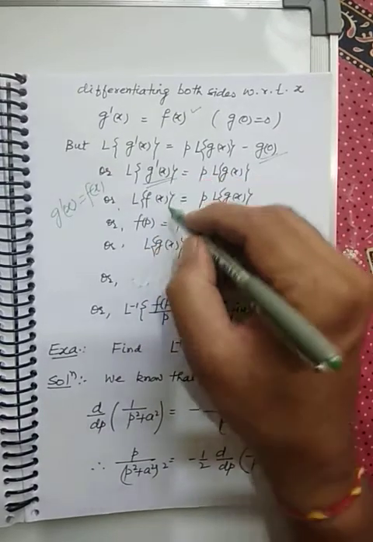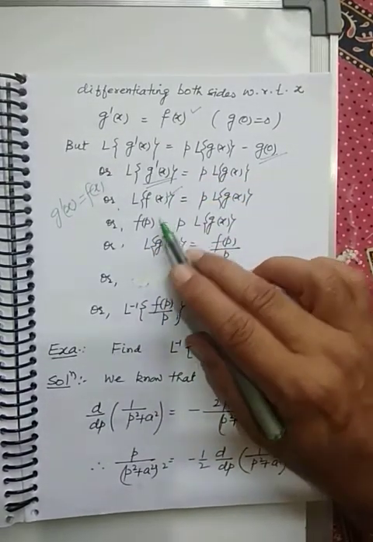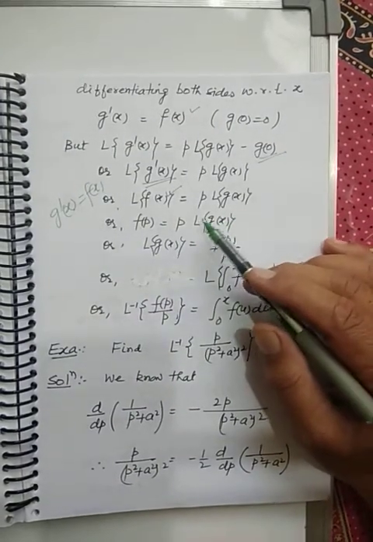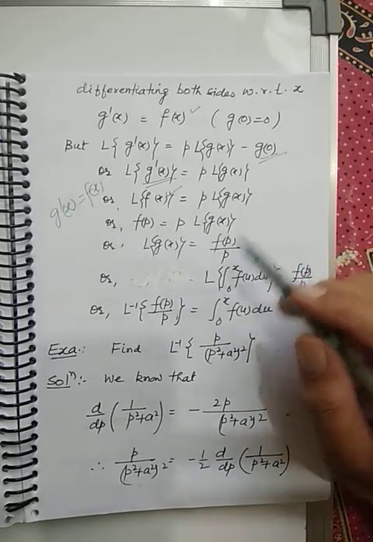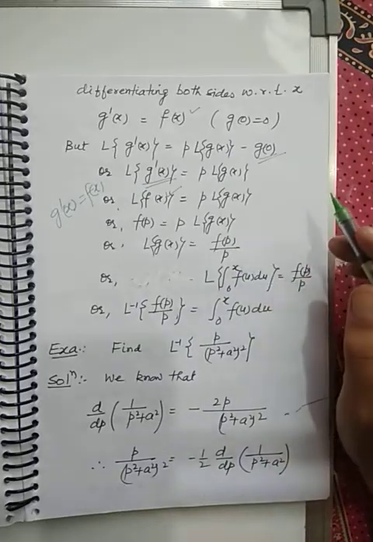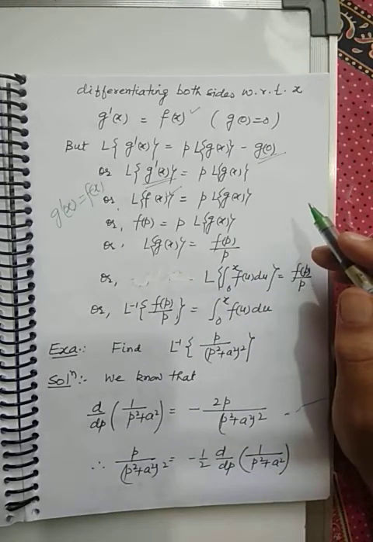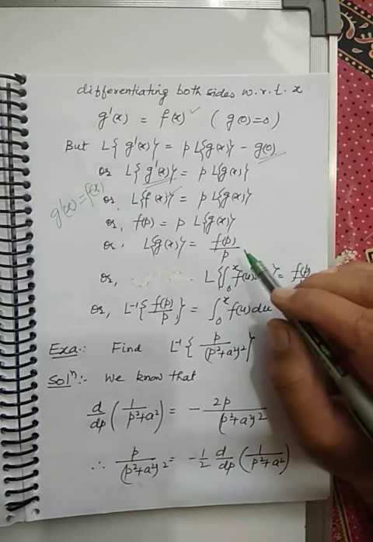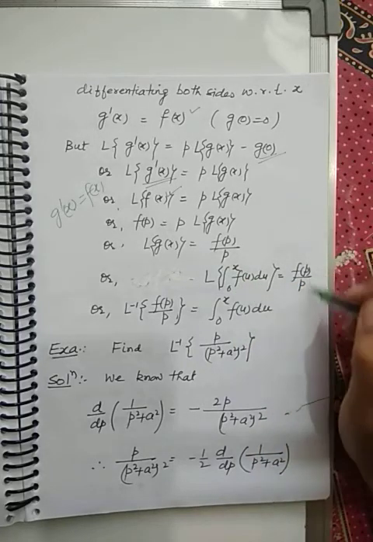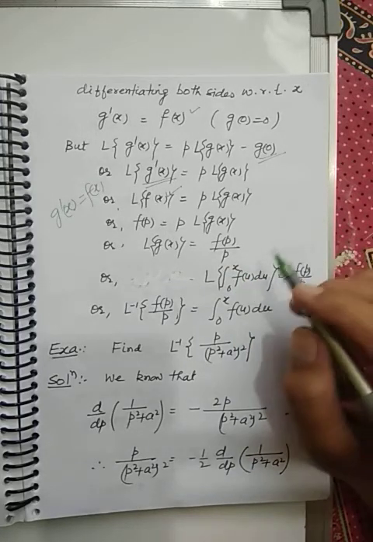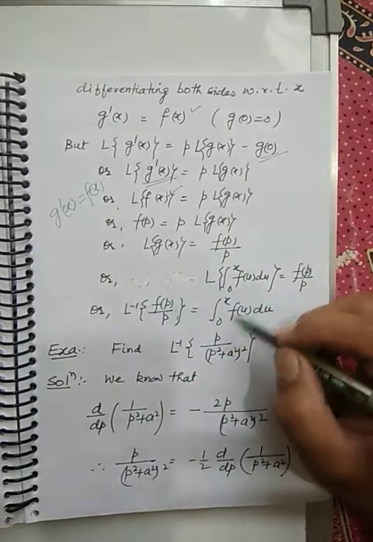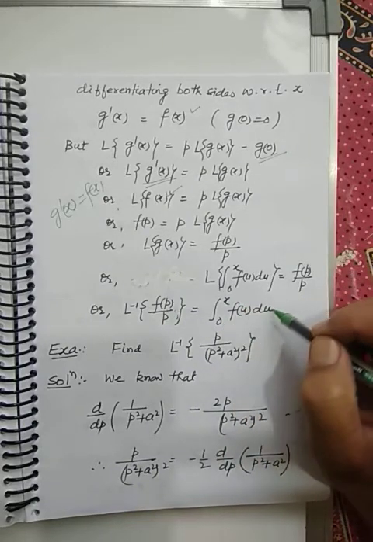Therefore, we put g'(x) is equal to f(x). Laplace transform of f(x) is given as F(p), and it will become F(p) is equal to p times Laplace transform of g(x), or Laplace transform of g(x) is equal to F(p) upon p. Put the value of g(x) equal to integral 0 to x f(u) du, which will be equal to F(p) upon p. Taking inverse Laplace transform both sides, inverse Laplace transform of F(p) upon p will be equal to integral 0 to x f(u) du.